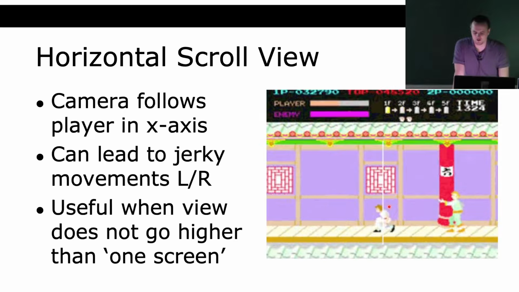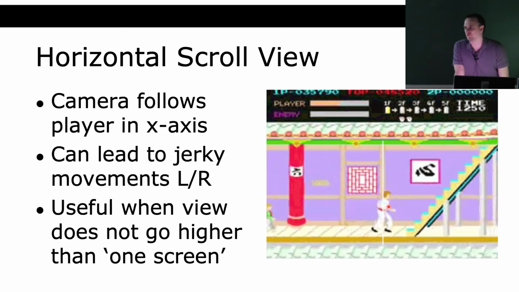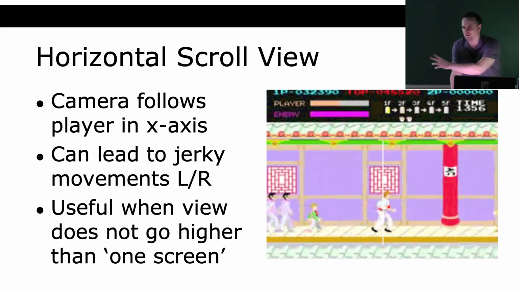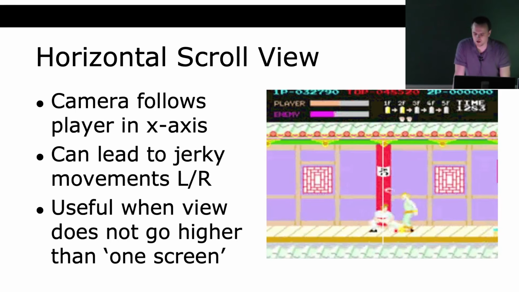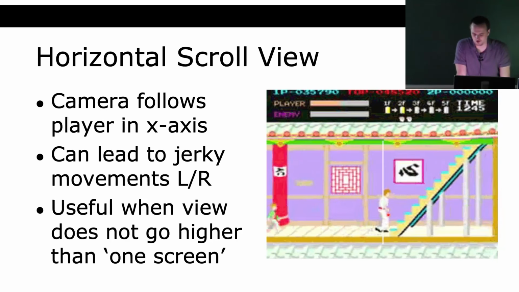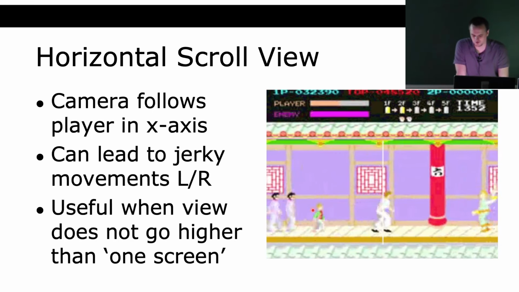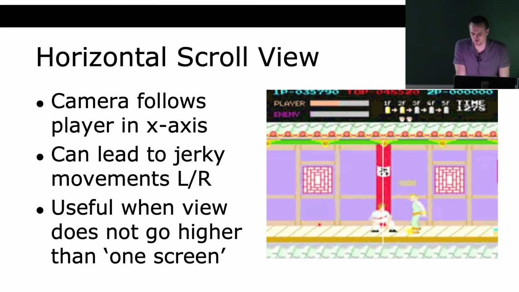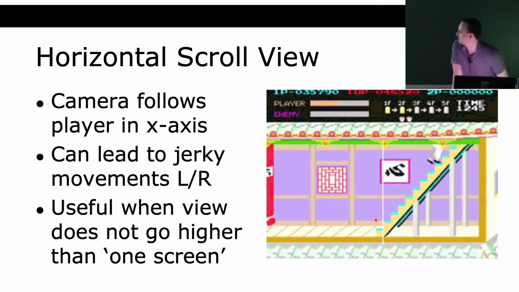What I'm saying here is that the reason I am using old games as examples is because this was by necessity in old games rather than by design. Here we have this Kung Fu type game where you're moving from left to right, knocking people out with your sweet kicks. But if we're just locked on, this can lead to really jerky movements left and right.